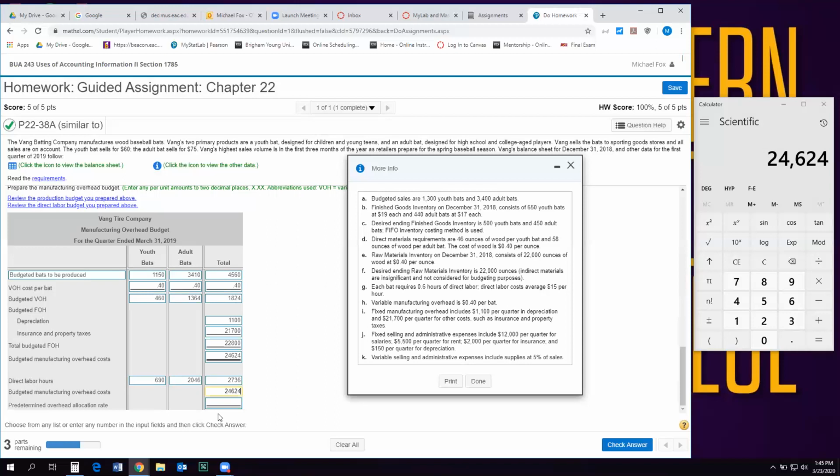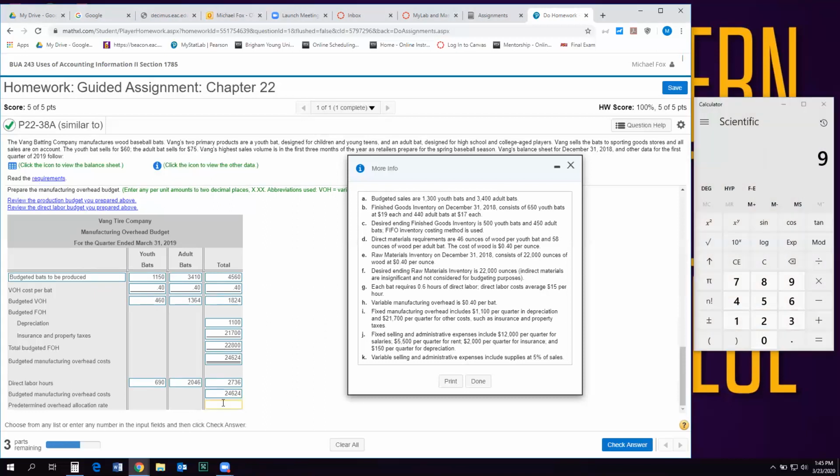So our predetermined overhead allocation rate is going to equal 24,624 divided by 2,736, which comes out to $9. And that's $9 per direct labor hour, not $9 per bat. That's going to come up later, so remember that.